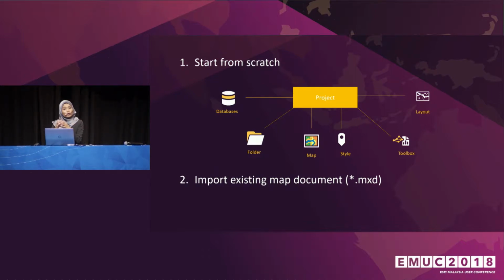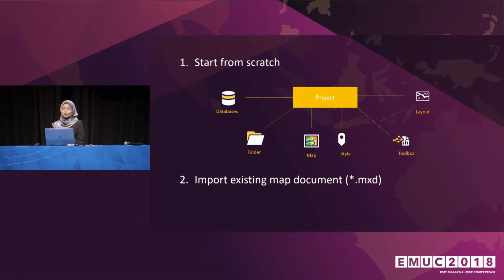This project can also contain the connection to your databases, the connection to your folders, and also connections to your servers if you have. Content can be added from the online portal if you have an ArcGIS Online portal, and you can also add ArcGIS Living Atlas of the World data to ArcGIS Pro.